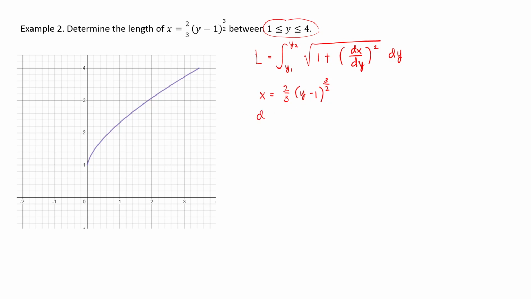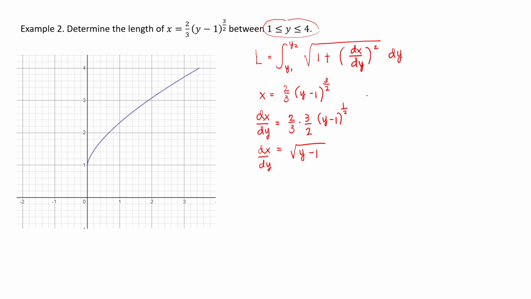So this becomes dx over dy equals 2/3 times 3/2 times y minus 1, and then 3/2 minus 1 is equal to 1/2. So dx over dy is equal to the square root of y minus 1.